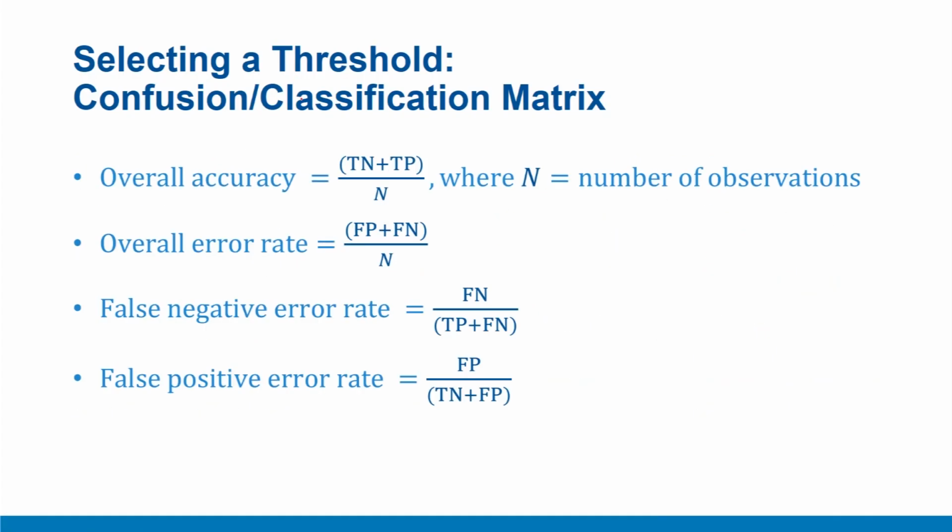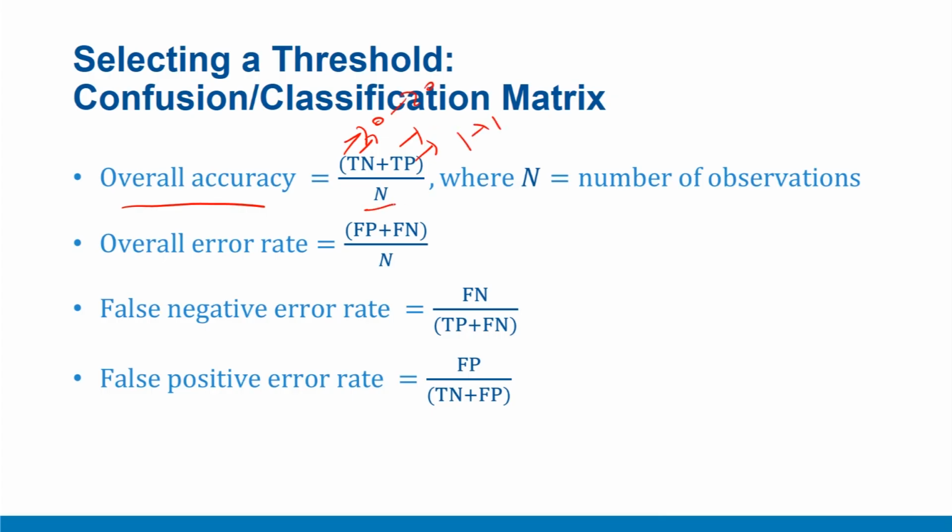There are some other important measures of efficiency or accuracy of model prediction that are also computed. You do not look at one measure, but you look at a number of measures. For example, there is a measure of overall accuracy, which looks at how many true negatives and true positives you get. True negatives are the zeros that you actually classified as zeros, and true positives are the ones that you correctly classified as ones.